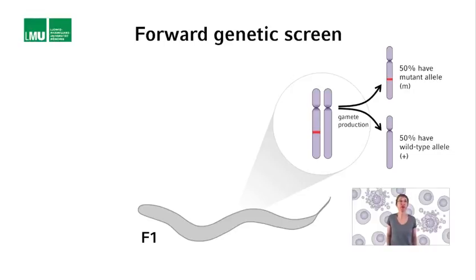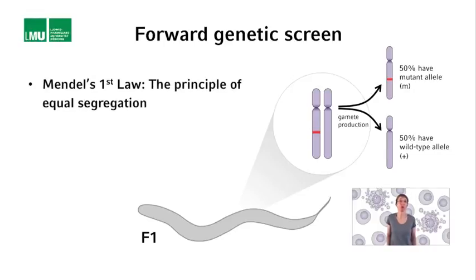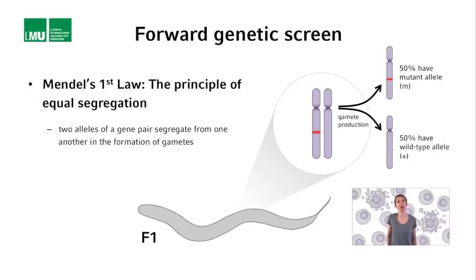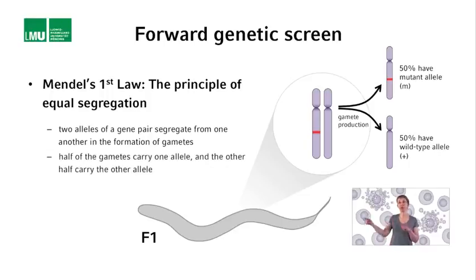And that is because of Mendel's first law, the principle of equal segregation. This law states that the 2 alleles of a gene pair segregate from one another in the formation of gametes. Half of the gametes carry one allele and the other half carry the other allele.